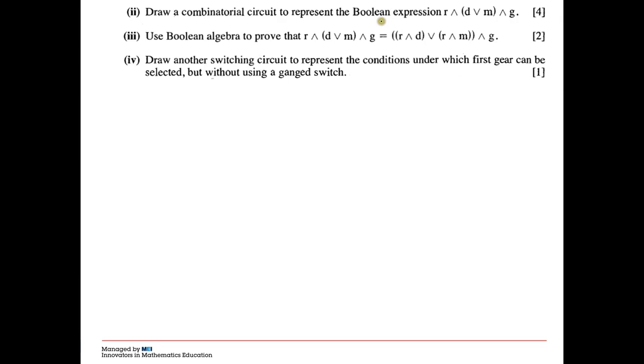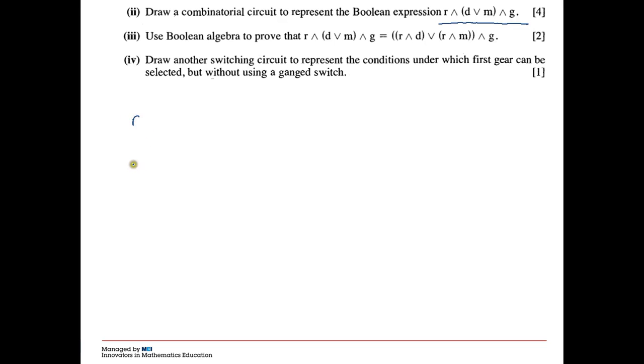Then, goes on a bit, doesn't it? We have to draw a combinatorial circuit to represent this expression here. So, drawing a combinatorial circuit. First of all, we've got four inputs, R, D, M and G. So let's start by putting those in.